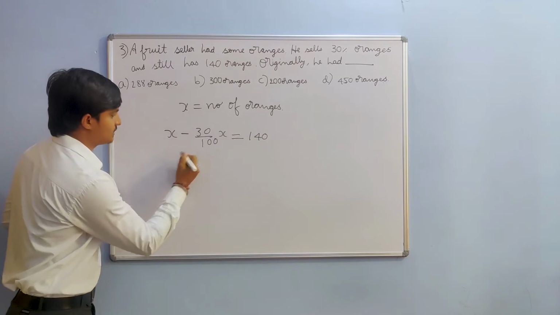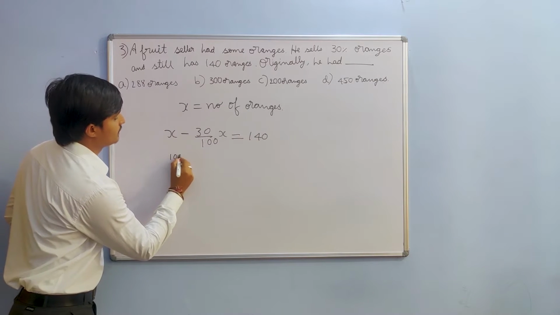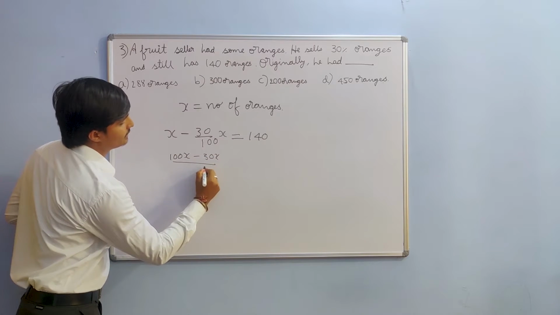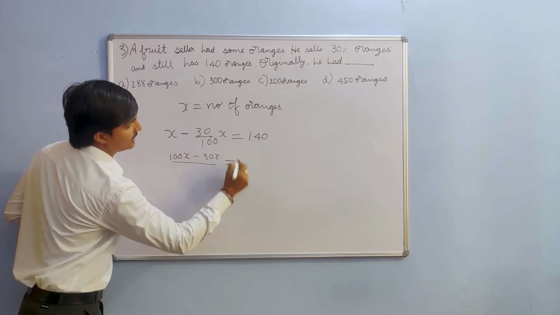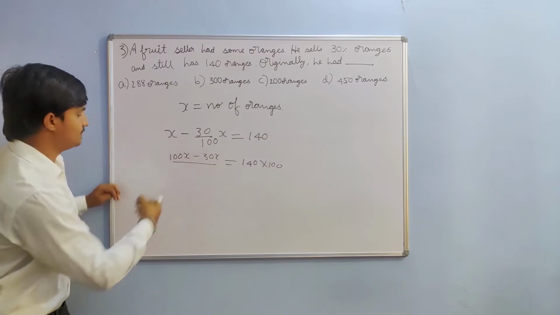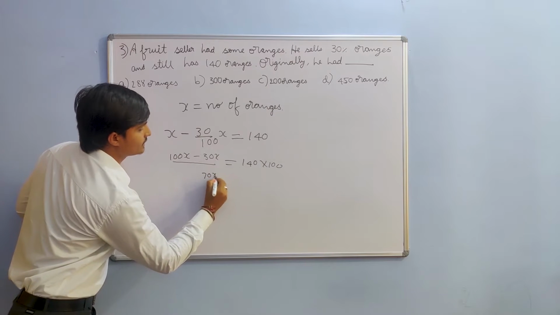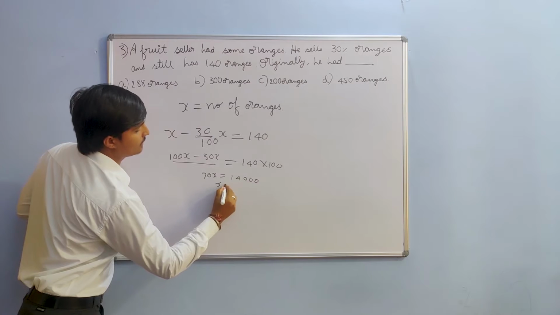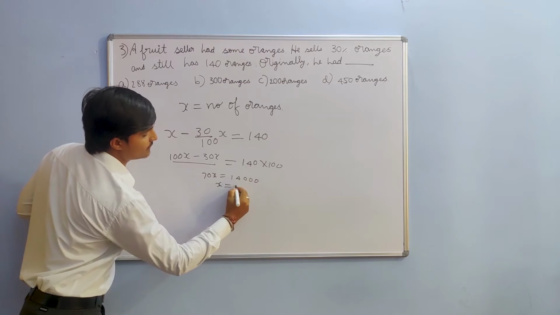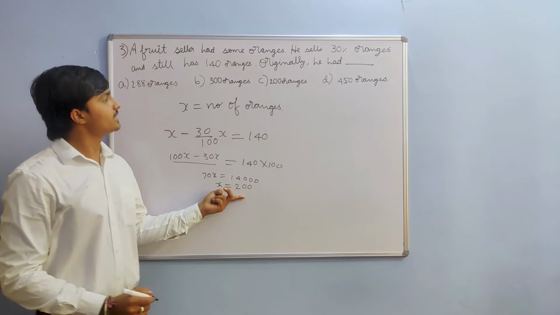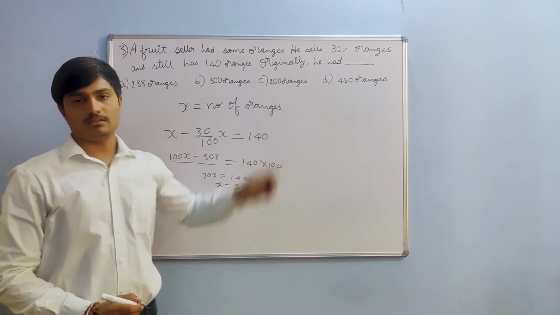So by solving this, that is 100x minus 30x by 100, which if you take that side, that is 140 into 100. So that is 70x. So x is equal to 200. So 200 is the right answer, that is option C.